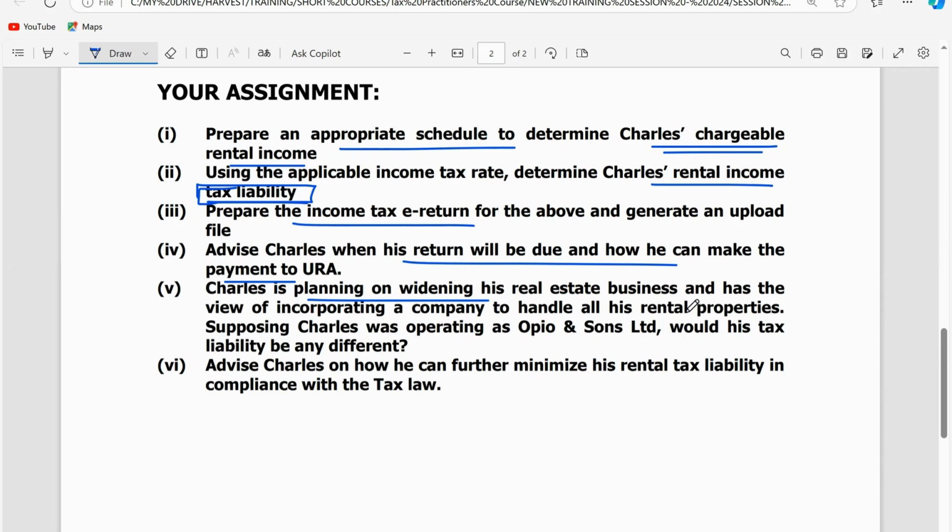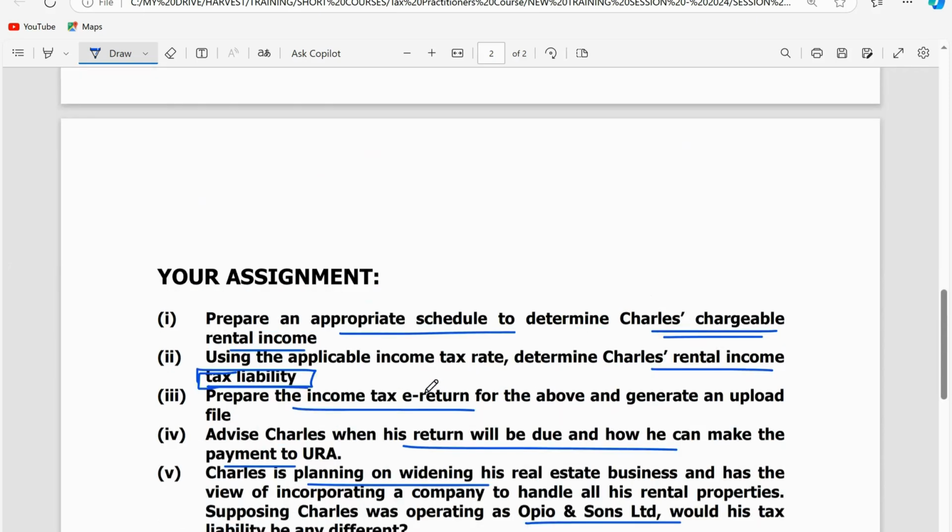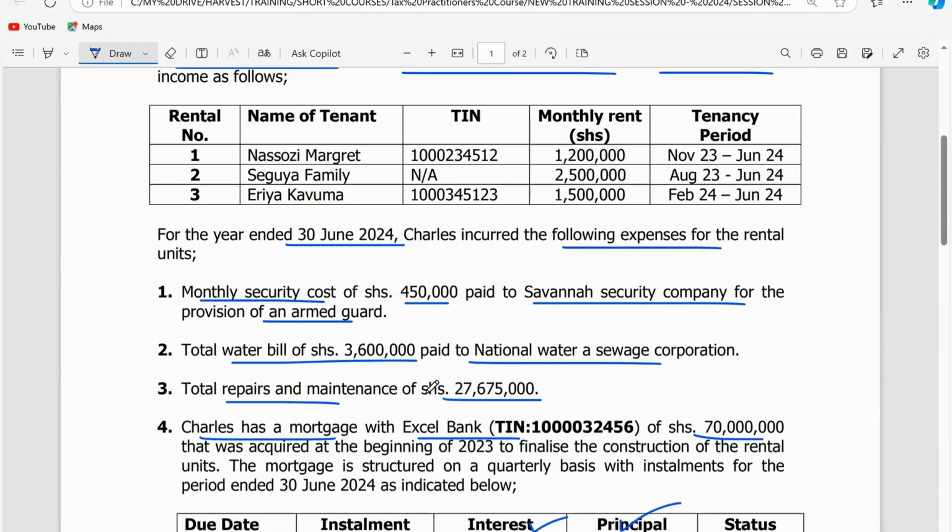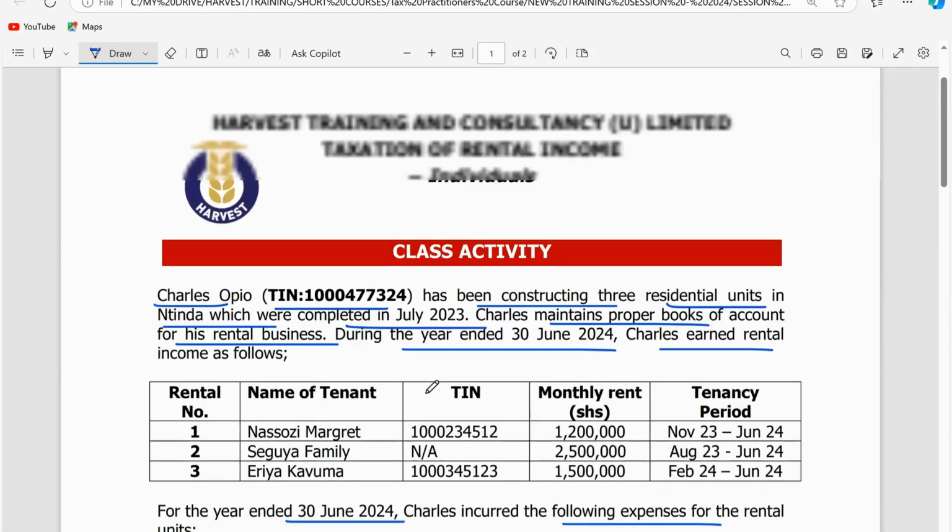And then we shall also compare Charles working as a company and as an individual in his capacity as Charles. So all those things are going to be discussed in this session. And of course, we can be a Charles. I'm talking about Charles, but it can actually be you, because I believe it is everyone's dream to have rentals. Why wouldn't you?